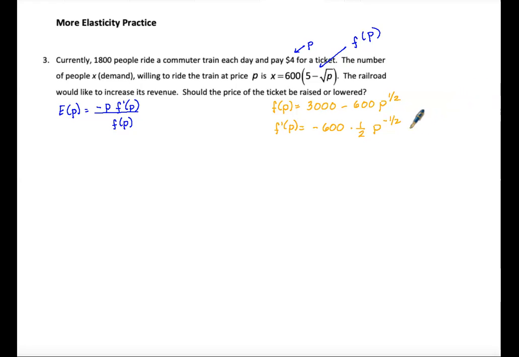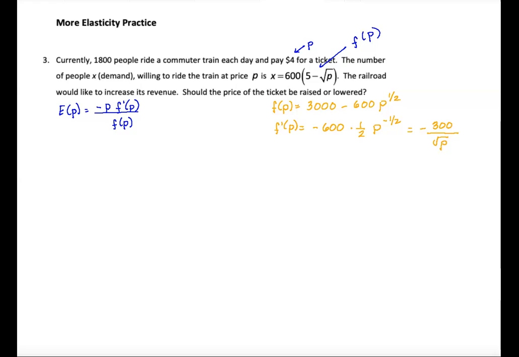Rewriting this, F prime of P would be equal to negative 600 divided by 2, that's negative 300, and then I'll put the P raised to negative 1/2 into the denominator and change it into a radical. So F prime of P is equal to negative 300 over square root of P.